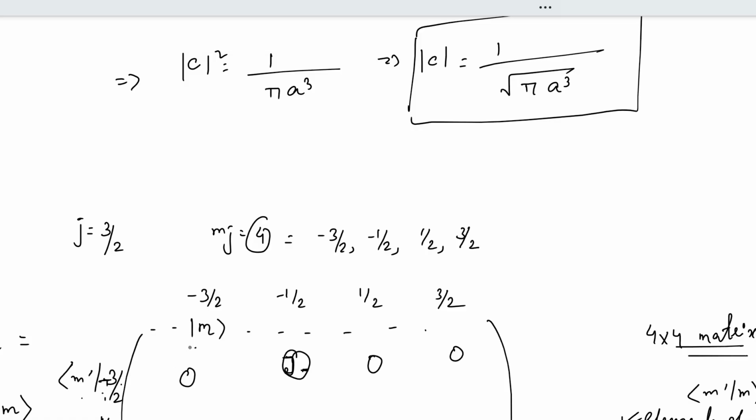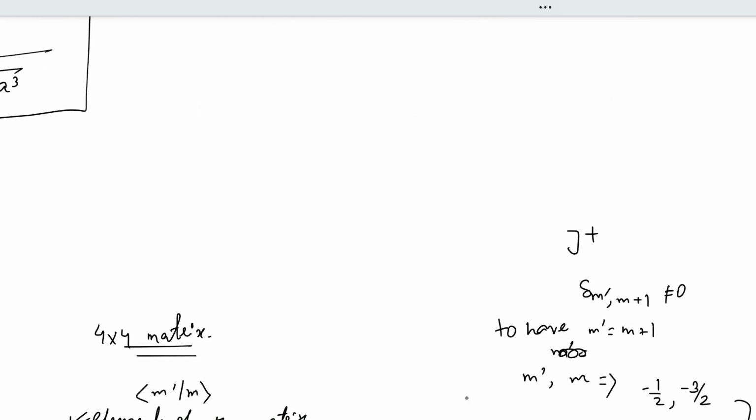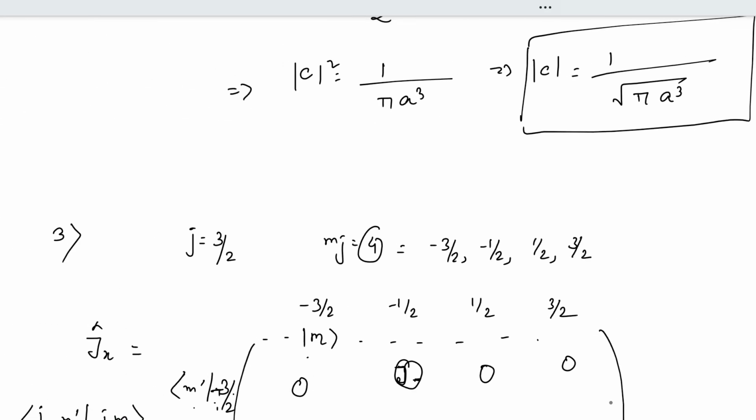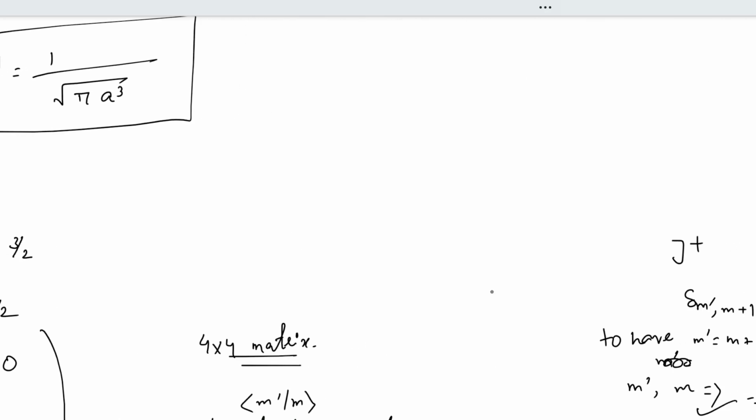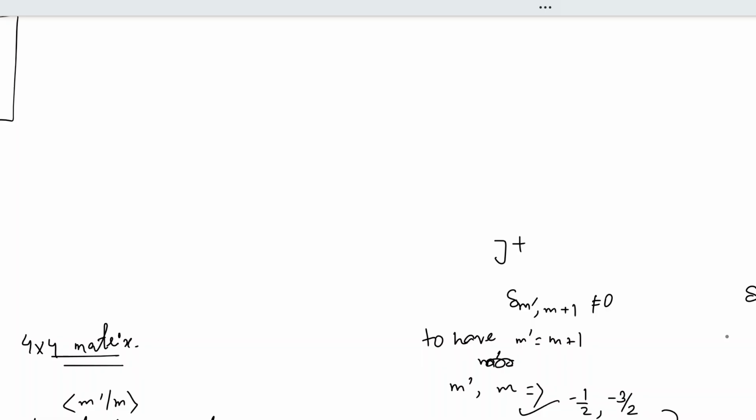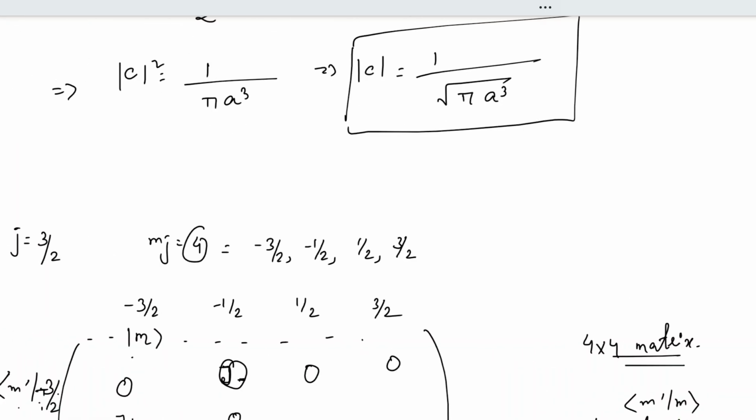Then when m prime equals minus half and m equals minus 3 by 2, the combination is this one, which is operated by j plus. So here you have to effectively take j plus. Then minus half, minus half will be 0. Minus half, plus half is among these four options, so j minus is effective.